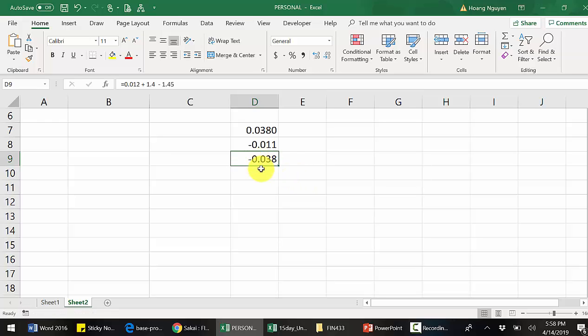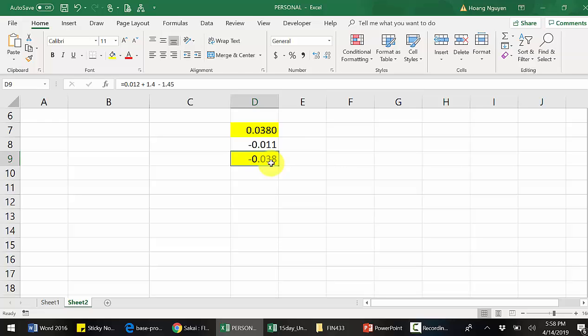The total cost, the total loss for the seller is 0.038. If you remember what I did before for the buyer, the profit for the buyer in this case is 3.8 cents, and it is exactly the loss for the seller. It is a zero-sum game, okay?